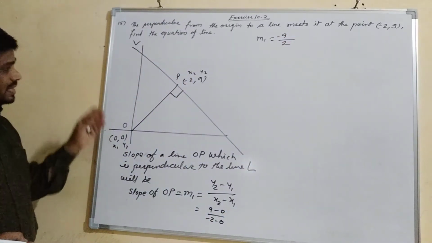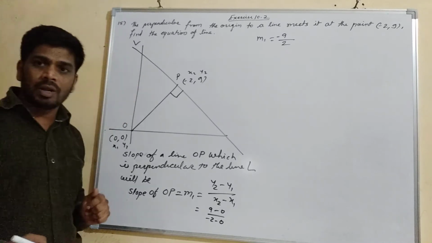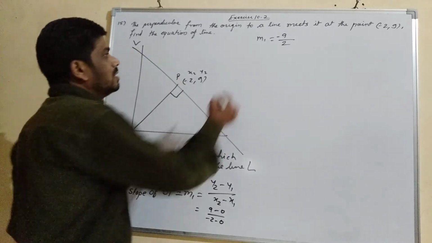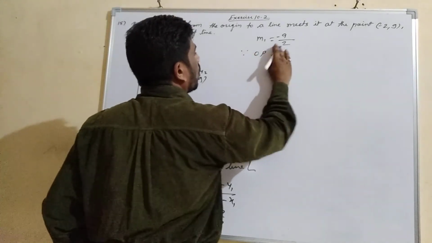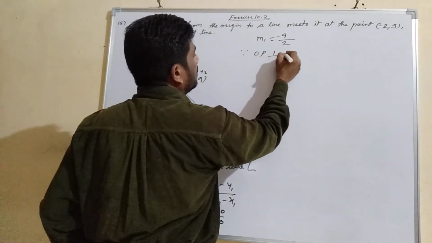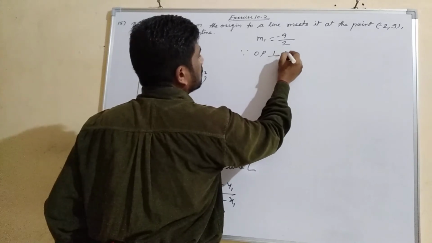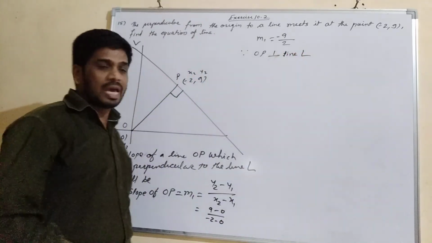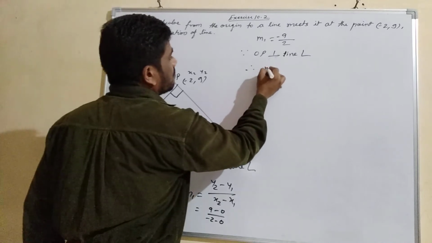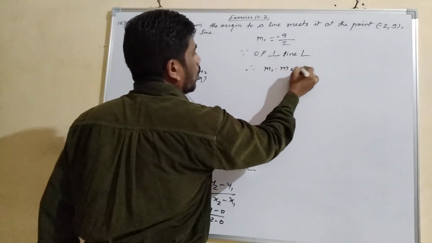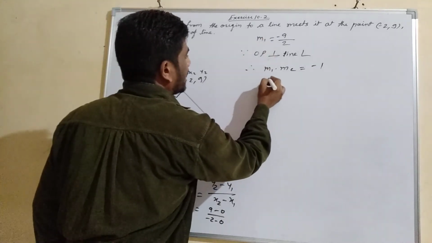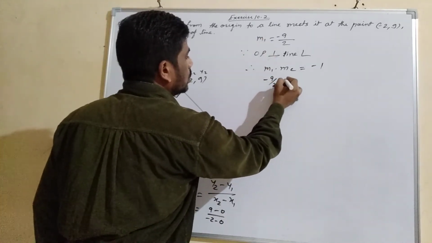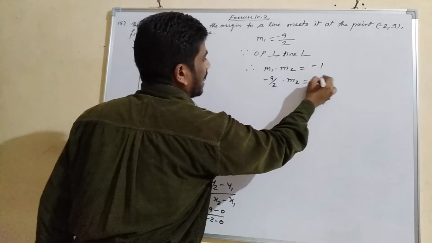Now it is given that OP is perpendicular to the line L. Therefore m1 into m2 will be what? -1, which means m1 is given here as -9 by 2, into m2 will be -1.